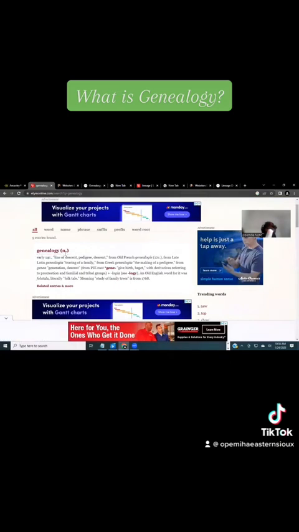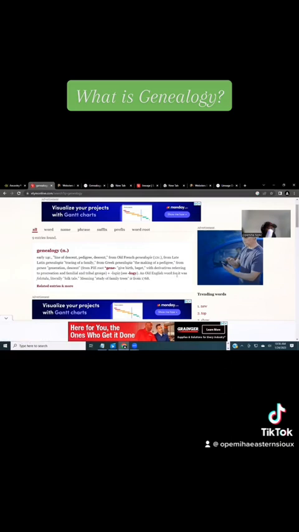So it says genealogy is a noun. Early 14th century, and this is coming again from Etymology Online. It says the line of descent, your pedigree, descent, and it's from Old French genealogie, from late Latin genealogia, tracing of a family, from Greek genealogia, the making of a pedigree, from genea, generation, descent, from PIE root gene, give birth, beget, with derivatives referring to procreation and familial and tribal groups, plus logia, see logy.